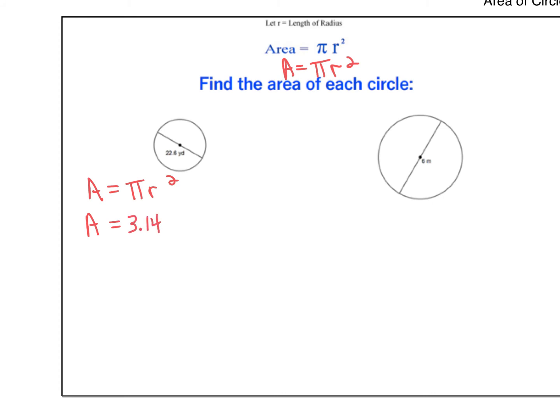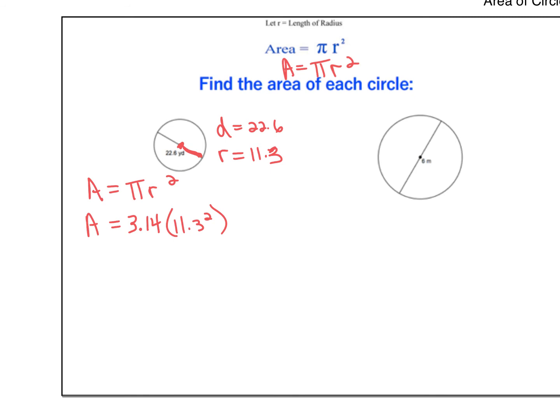And we know the radius. Well, I should say we don't know the radius. We know that the diameter is 22.6. So that means the radius is half of that. Remember, radius is only half of a circle. So I'm just going to take 22.6 and I'm going to divide it by 2. So I get 11.3. All right, so my radius is 11.3 squared.